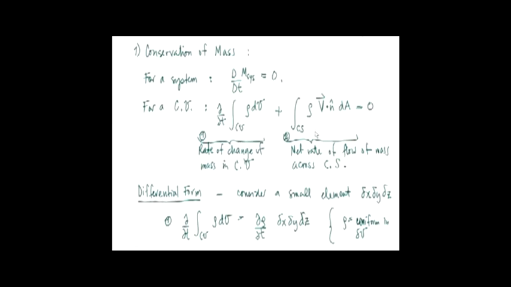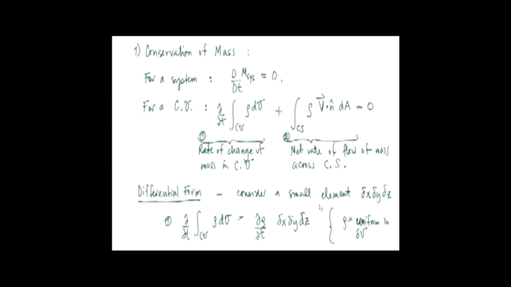And the second term, that is the integration across control surfaces of rho v bar dot n cap dA, is the net rate of flow of mass across the control surfaces. That is, if we take the front and the rear side, then this term is the net rate of flow of mass from front end to the rear end.